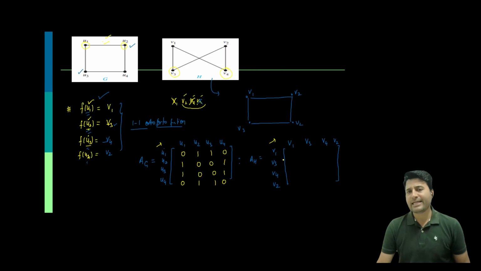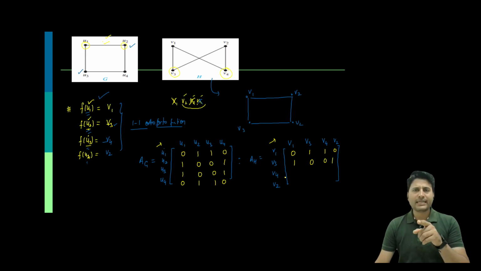Understood? In the same manner, the second one. V1 is connected to V3, V4, so put 1, 1 with V3 and V4. V3 is connected to 1 and 2. V4 is connected to 1 and 2.